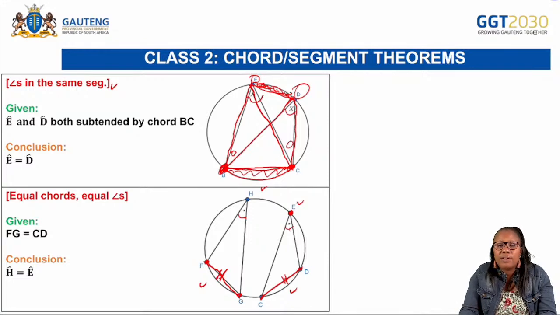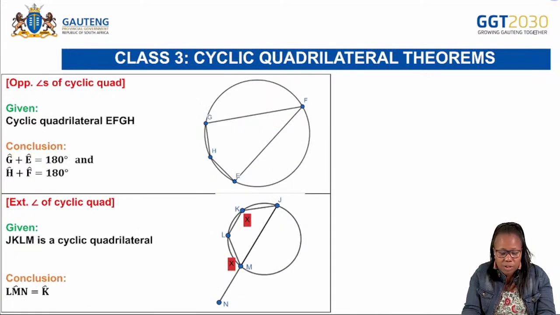It is very important that our reasoning is according to the acceptable geometry reasons. If you don't have that copy, please ask your educator. It is from our examination guideline. All learners must have a copy of that. Your reasons in geometry must be in terms of those acceptable geometry reasons.